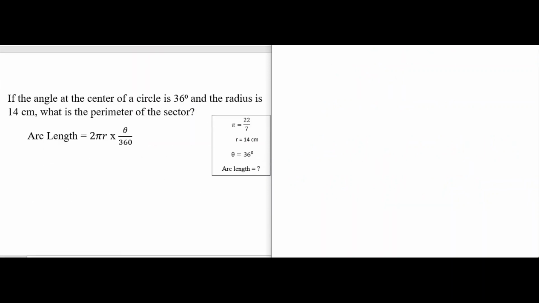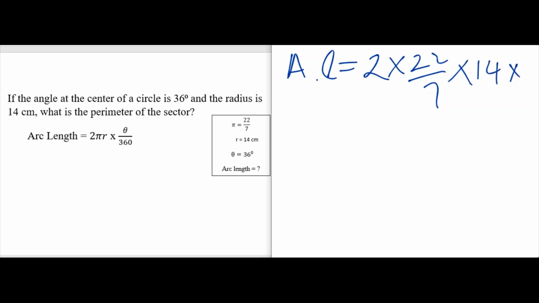Okay, so the question says, if the angle at the center of a circle is 36 degrees and the radius is 14 centimeters, what is the perimeter of the sector? I have also given the equation to find the arc length. So first let's find the arc length. Arc length is 2 into 22/7 into 14 into 36/360.